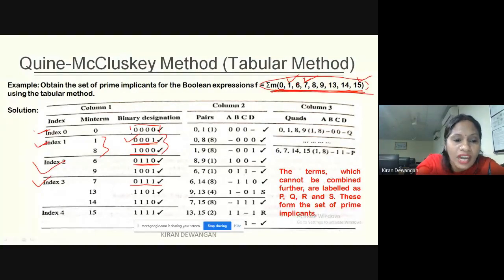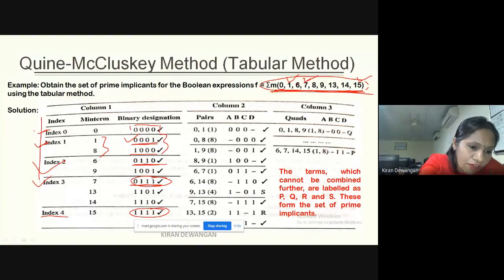So we are having index 2 where we have the min terms whose binary designation will have 2 ones in it. Index 3 will have those min terms whose binary designation will have 3 ones. And then index 4 will have those min terms whose binary designation will have 4 ones.